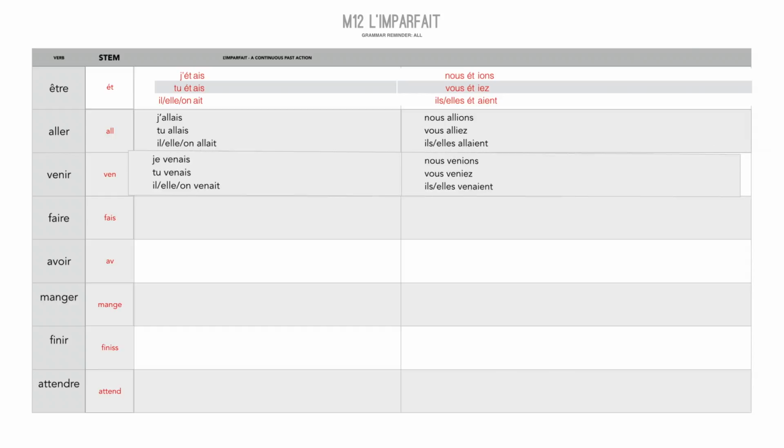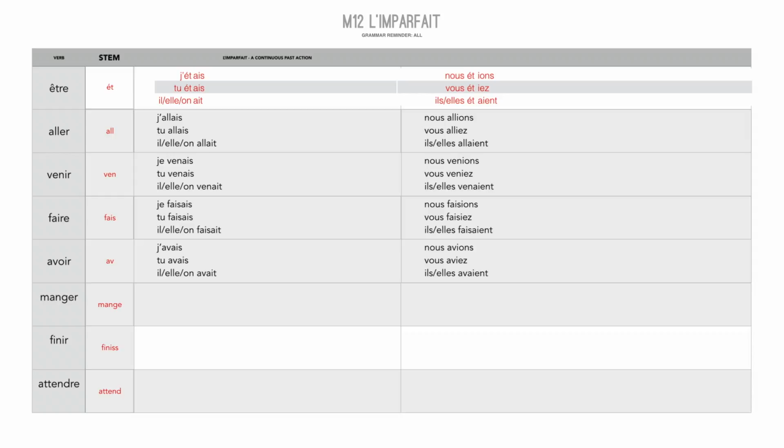Venir, je venais, tu venais, il venait. Nous venions, vous veniez, ils venaient. Faire, je faisais, tu faisais, il faisait. Nous faisions, vous faisiez, ils faisaient.